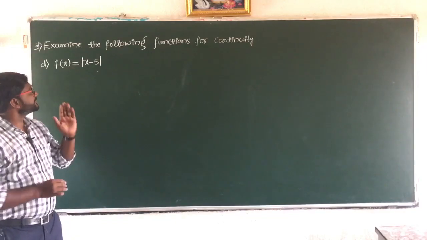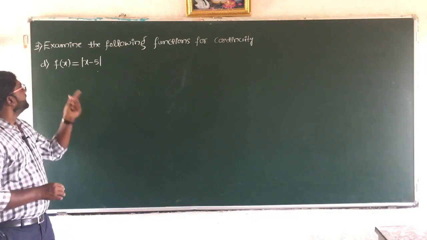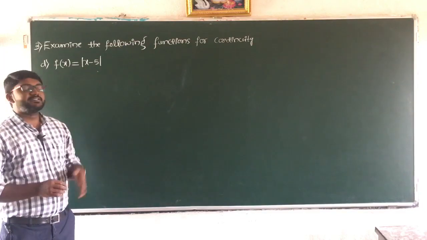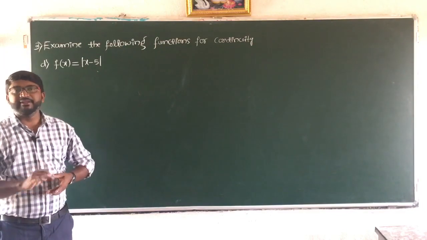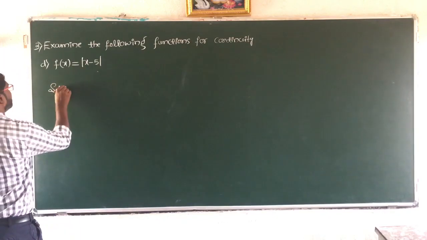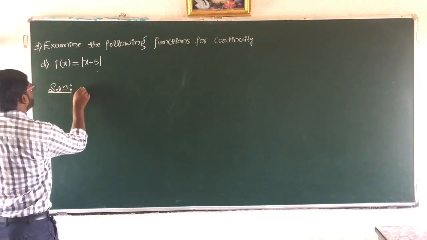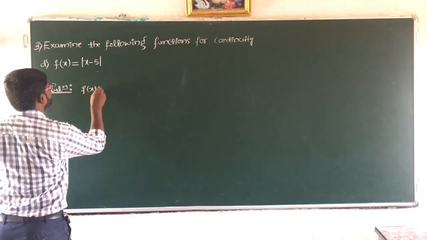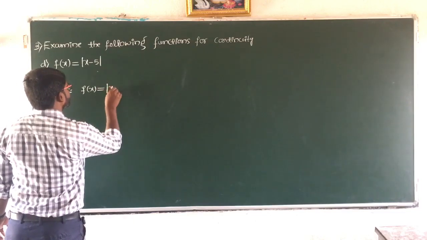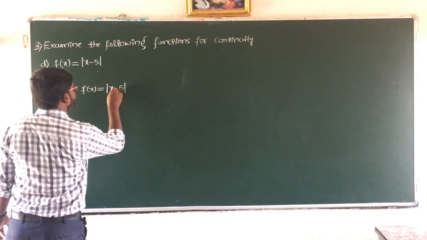Well, the last sub question of the third main is f of x is equal to mod of (x minus 5). Since the given function is a modulus function, we have to rewrite the function now. Note down the given function, f of x equals mod (x minus 5).